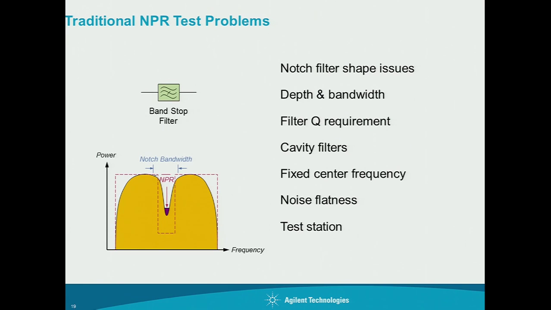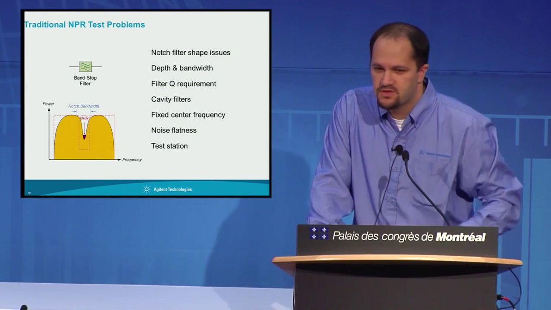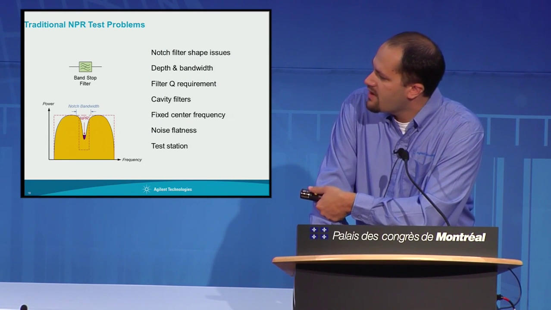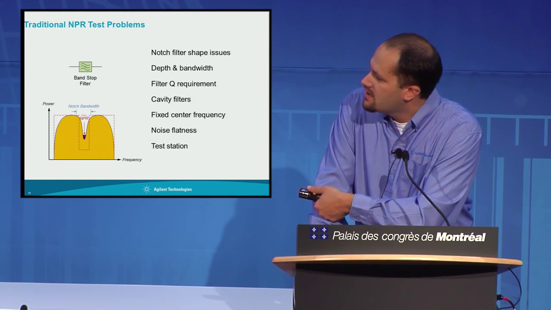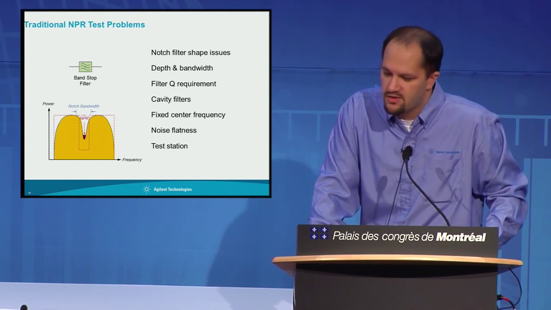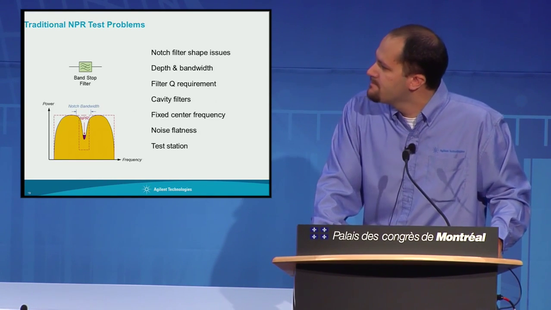So how do we traditionally make these measurements? A lot of times customers take a wideband signal and use a notch filter or band stop filter, and they notch out part of that waveform. You can see here that would be this area where you have a band stop filter that notches out a region, and then you can use that as a stimulus signal to make these types of measurements.